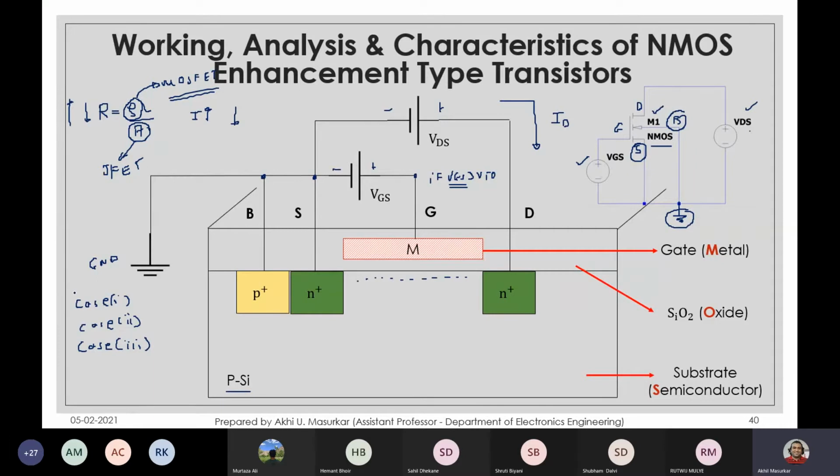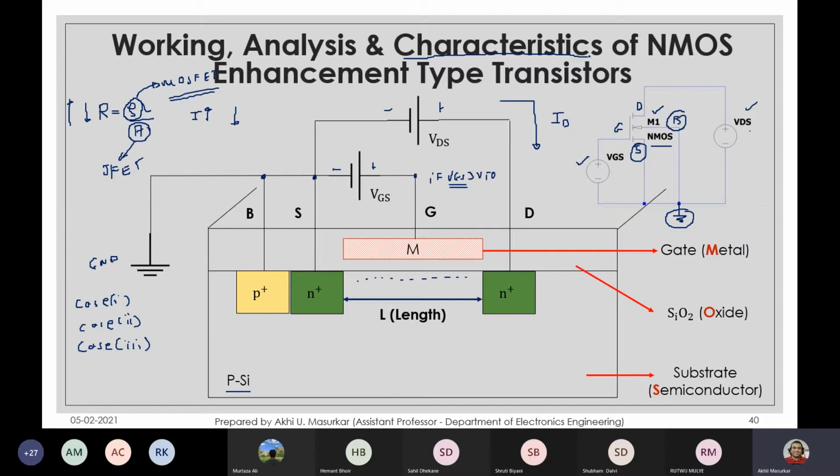So this is the way in which we can explain the characteristics of the NMOS. So let us go to case 1.